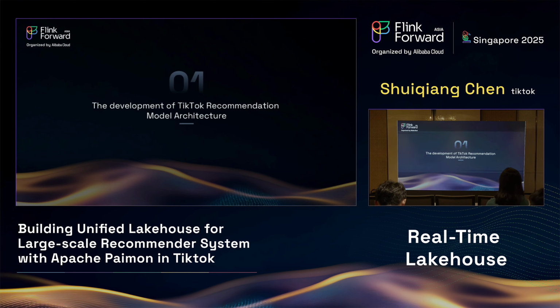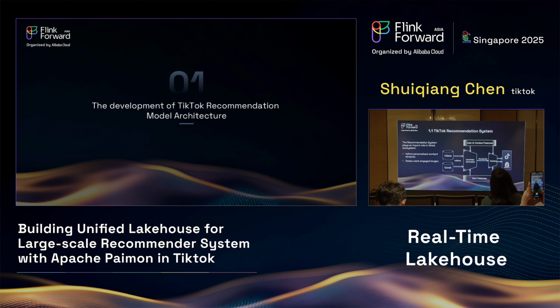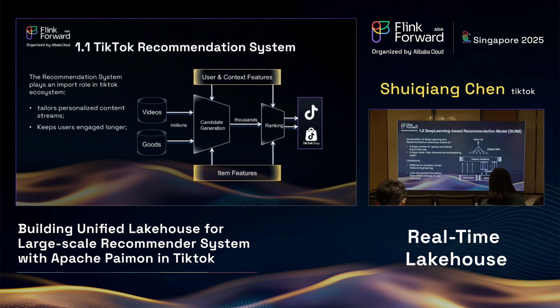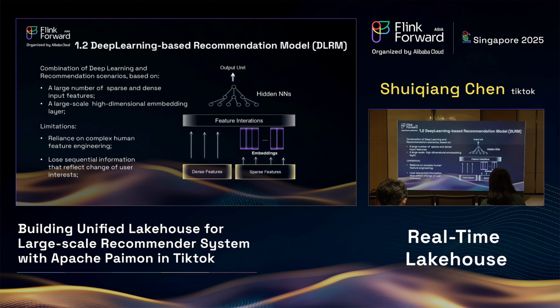Let's begin with the development of the TikTok recommendation model architecture. The recommendation system plays an important role in the TikTok ecosystem as it tailors personalized content streams to provide a better user experience and keeps users engaged longer. Over the past decade, we have developed deep learning-based recommendation models, combining deep learning technology with recommendation scenarios.